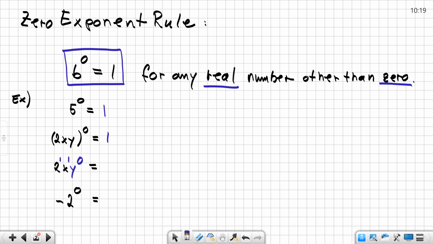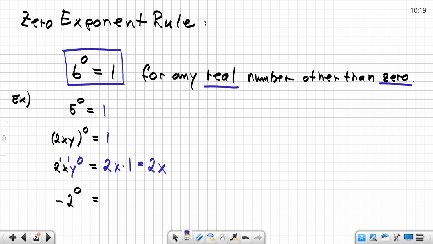We do not need to write 2 raised to the 1 times x raised to the 1 times y raised to the 0. But what happens right here is that the 2 stays, because 2 to the 1 is just 2, x stays, and the y raised to the 0 power will be turning into 1. So in short, this is going to be 2x.